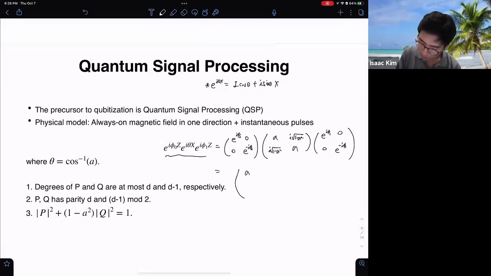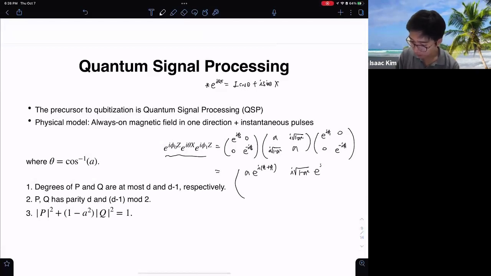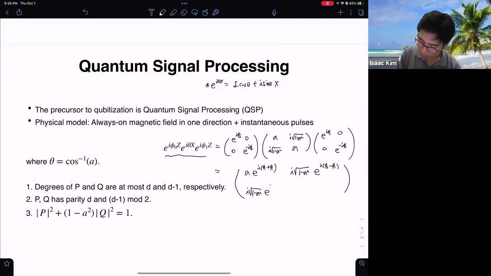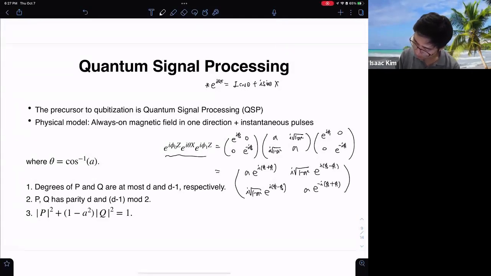We simply have A e to the i, that thing, i square root of 1 minus A squared, and they're complex conjugates. And of course, A is real, obviously.